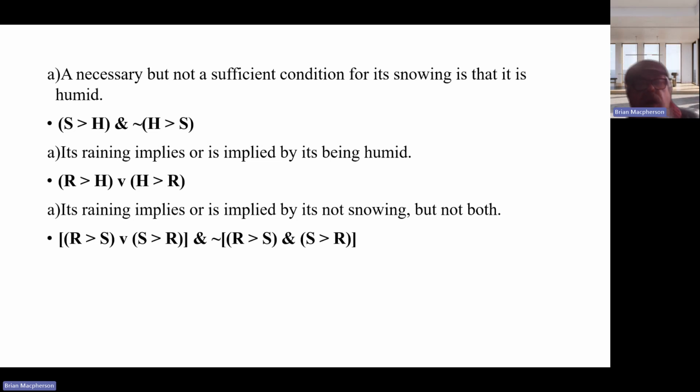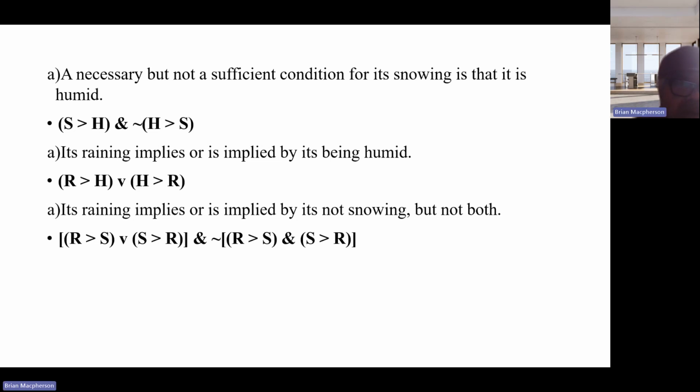And finally, it's raining implies or is implied by it's not snowing, but not both. Okay, so that's the most complicated one of the bunch. So let's take a look at this. It's raining implies or is implied by it is not snowing, but not both.